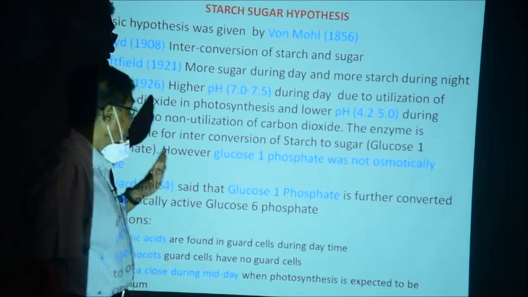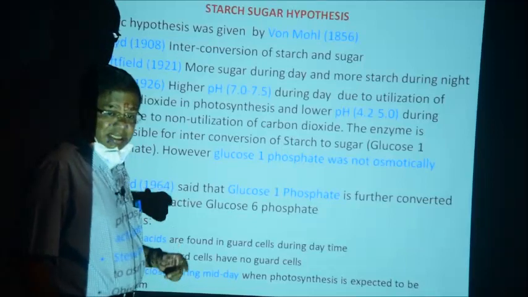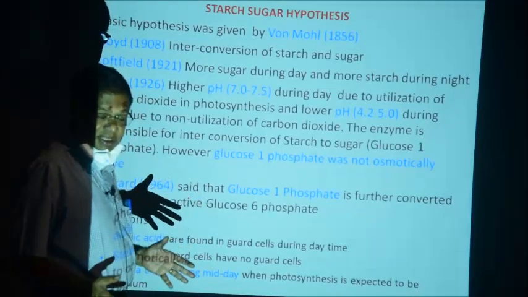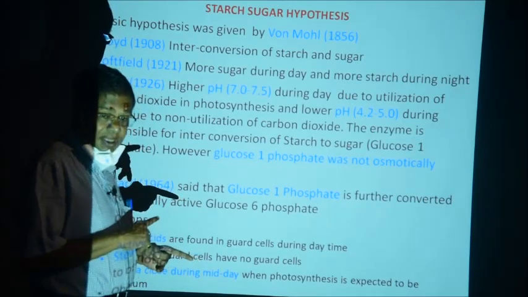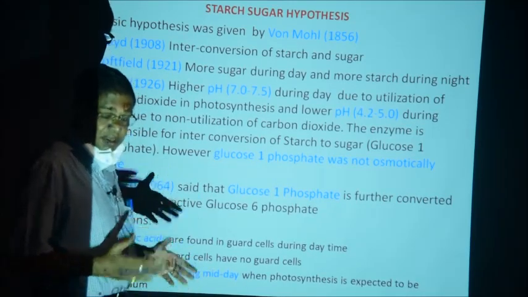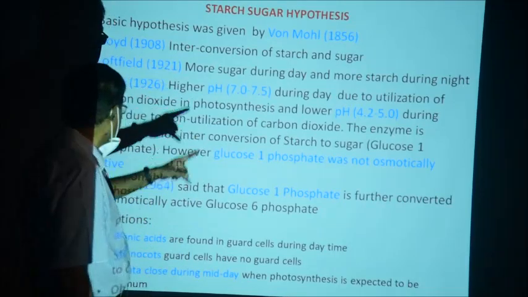It was Lloyd who first said that starch in the guard cells is not only an insoluble product, but it gets converted in the guard cells to sugar.